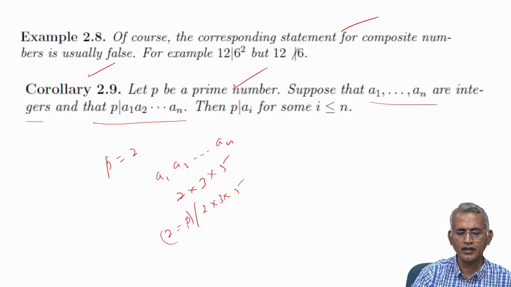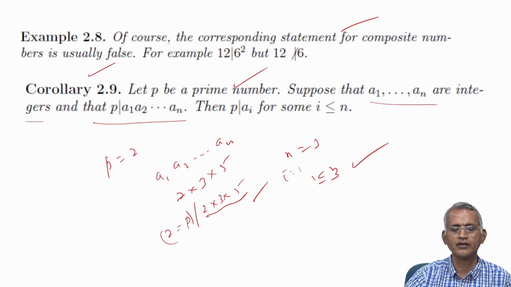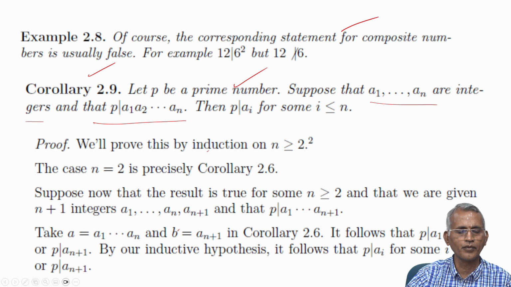Definitely one of the numbers is divided by it, and the index i should be at most n. Here n is equal to 3 and i equal to 1, therefore 1 is less than or equal to 3.